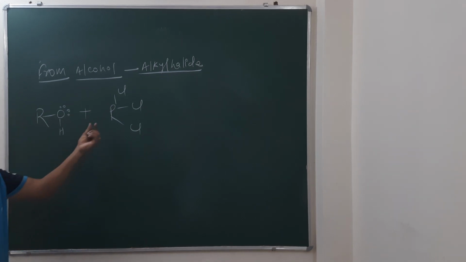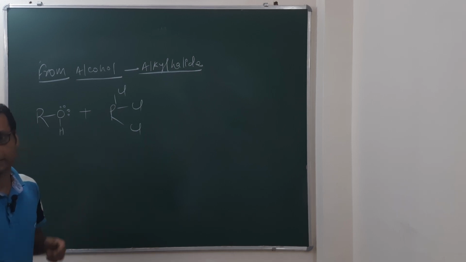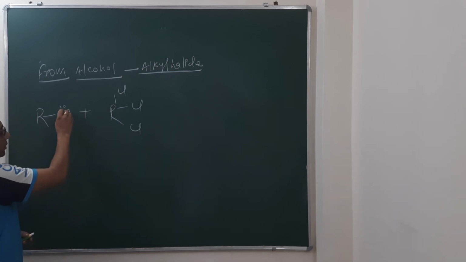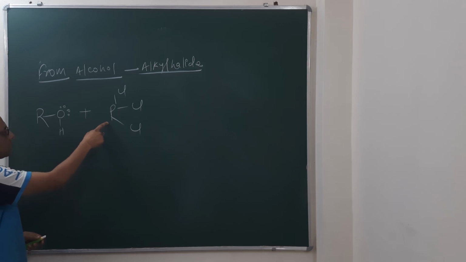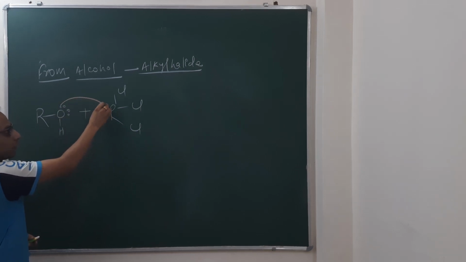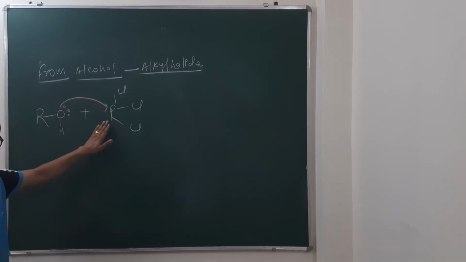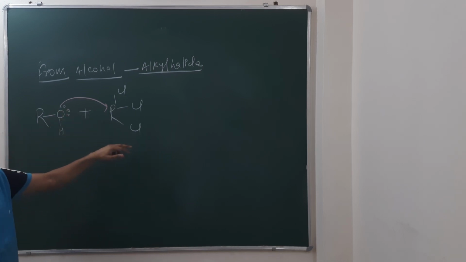Students, you know that phosphorus contains vacant d orbitals which can accept electrons, correct? So the pair of electrons will be accepted by the phosphorus. Since oxygen donates electrons, the oxygen bears a positive charge.